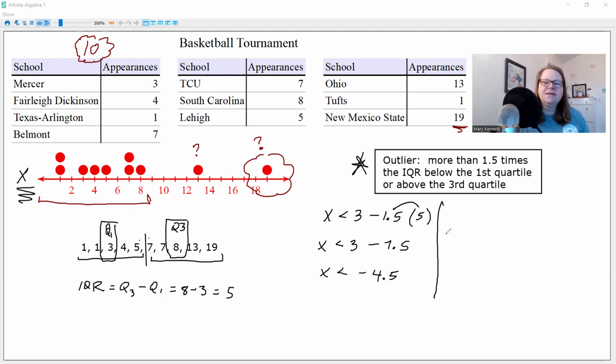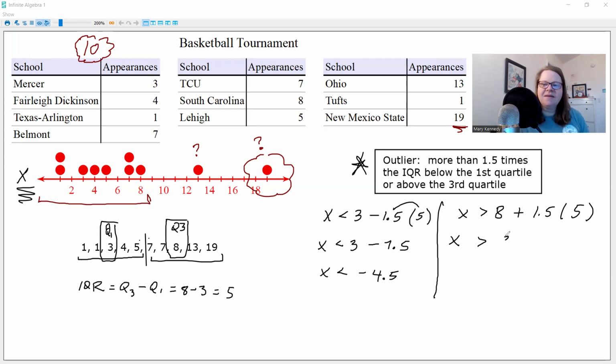Now let's go to the other end of the spectrum. Our third quartile was 8. X is greater than 8 plus, that's what I meant to say, 1.5 times our interquartile range. And we already know that that is 7.5.